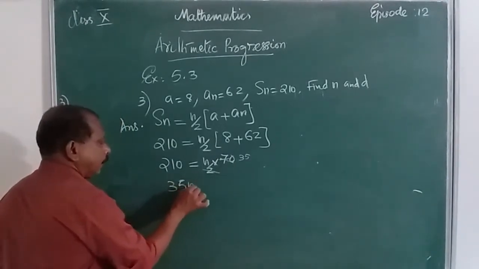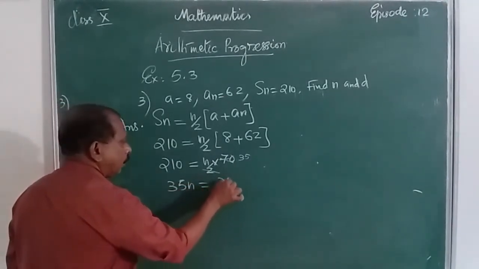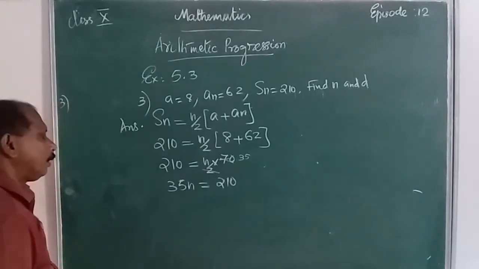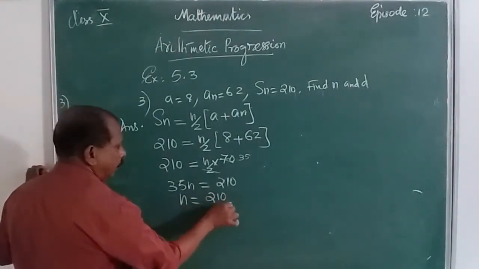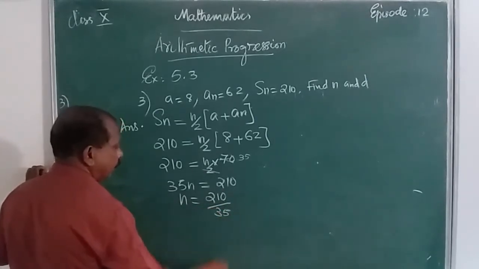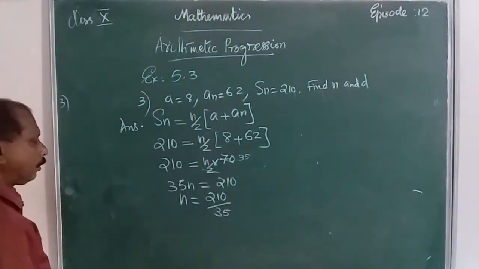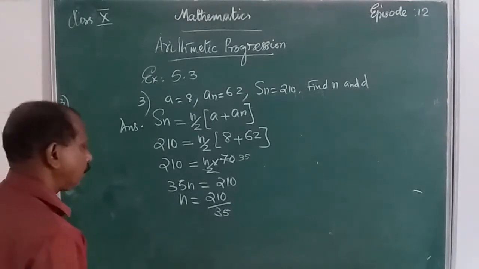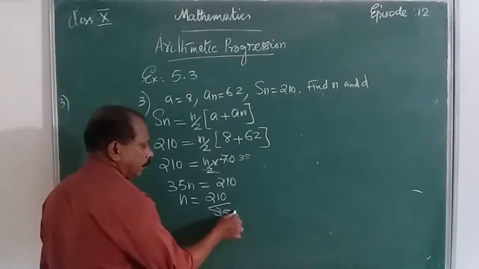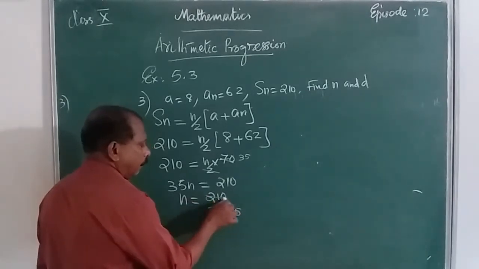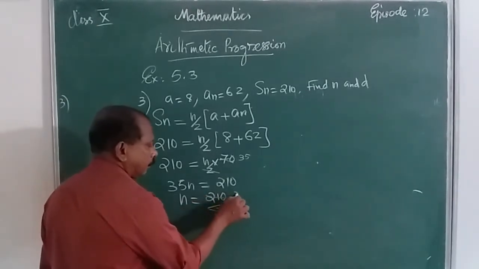Therefore, 35n is equal to 210. Therefore, n is equal to 210 by 35. Divided by 7, 5. Divided by 7, 30.